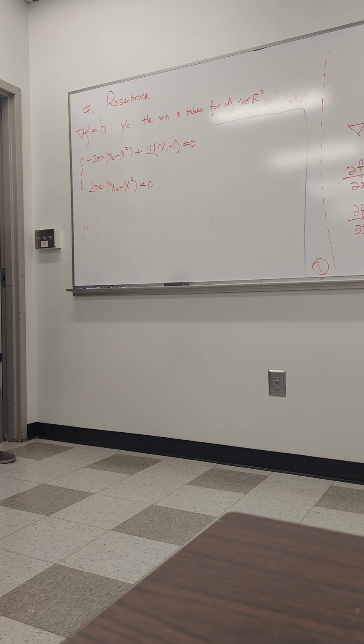So this function f has a unique local minimizer, and it is x star equals A, so all A's.